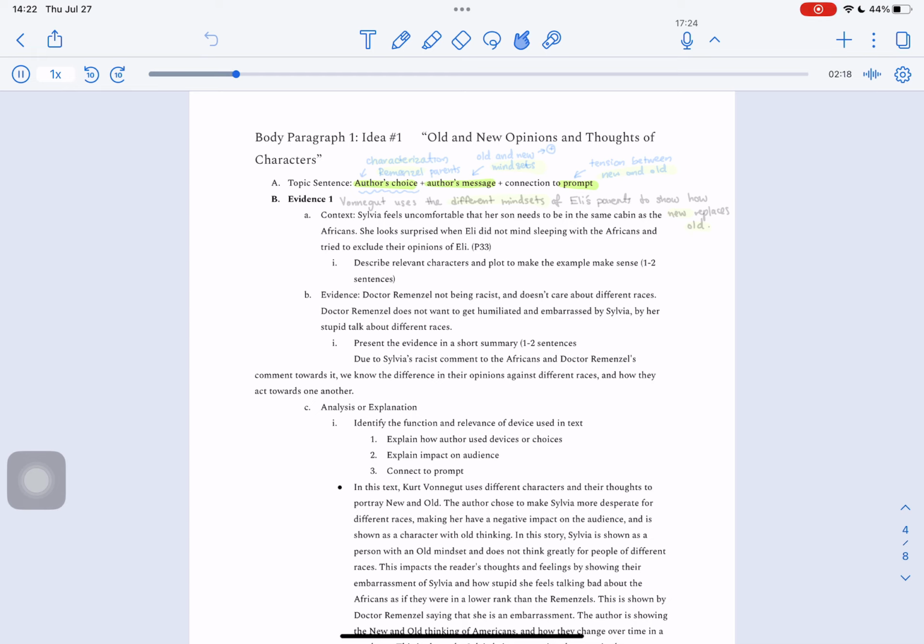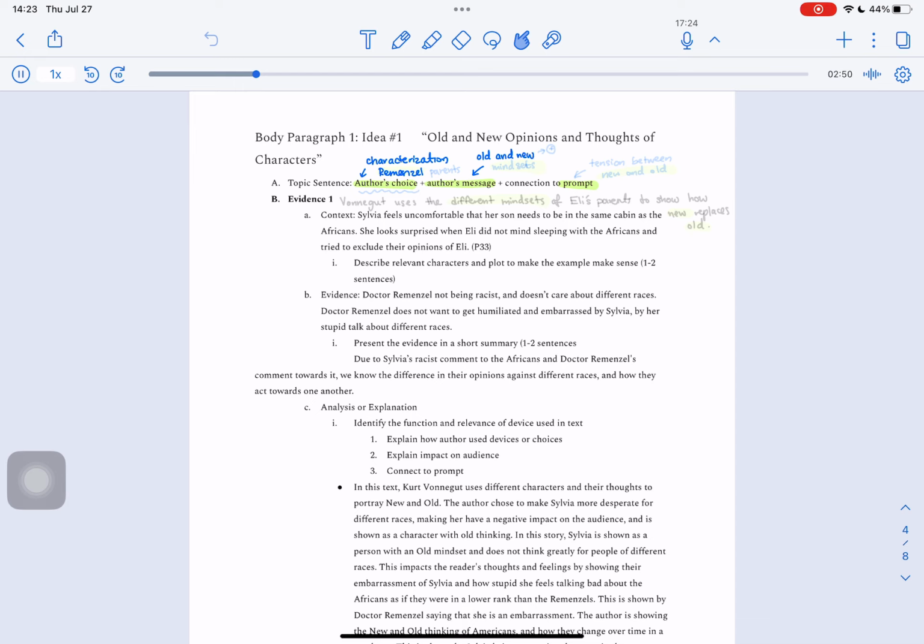Sylvia and Dr. Mansell. Wonderful. So then the author's choice is the characterization of the Ramenzel parents. So you're going to write little notes to yourself. And the message about it is what? The new and old thinking of the two parents. Okay. And then the different thinking. You were talking about mindset, right?